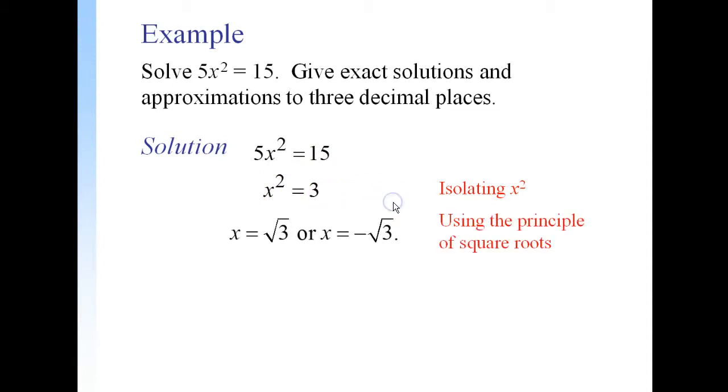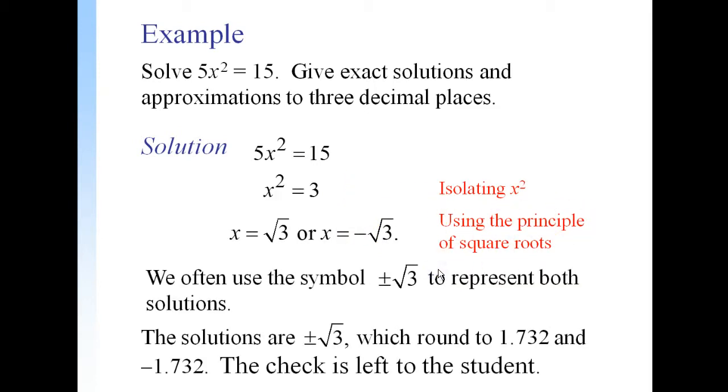Now, we take the square root of the left, which will be x, and then the square root of the right, which, remember, there's going to be a positive and a negative, using the principle of square root. And if we put that in our calculator, it rounds off to this, to 3 places, and a negative this, to 3 places.